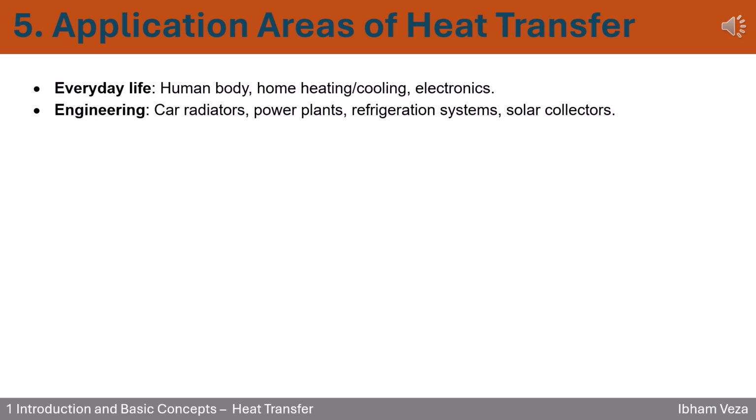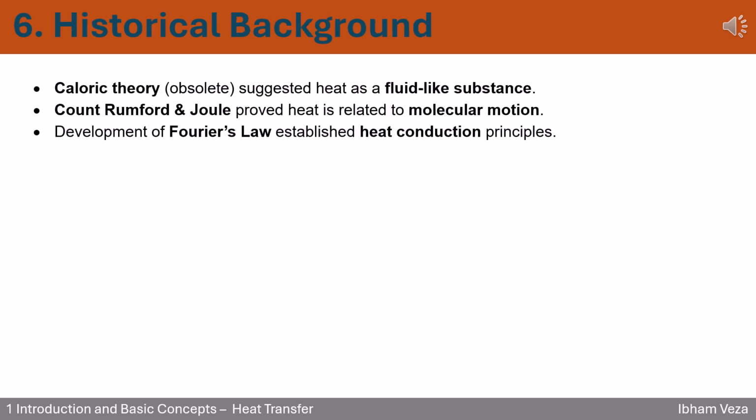6. Know the history of heat transfer. Let's explore how the understanding of heat transfer evolved. In the early days, the caloric theory imagined heat as a fluid-like substance that flowed between objects, but this idea was later rejected.